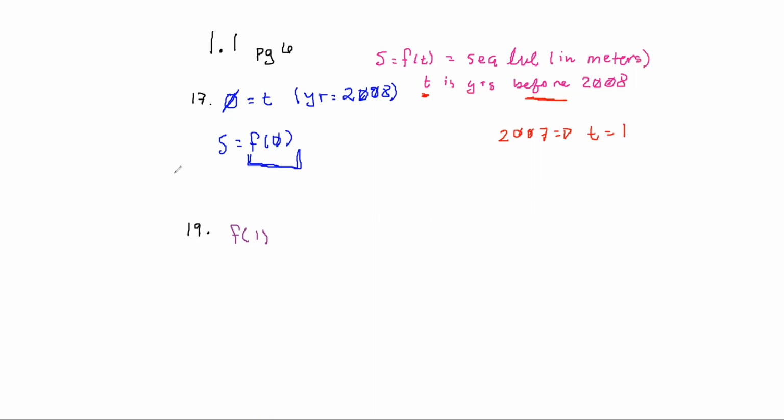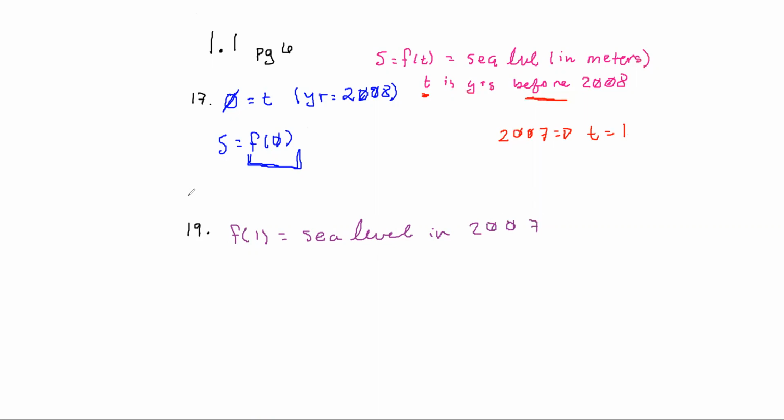We're going back 1 year, so we're looking at f of 1. And so that is going to be the sea level in 2007. Okay. What else do we know to create this expression?